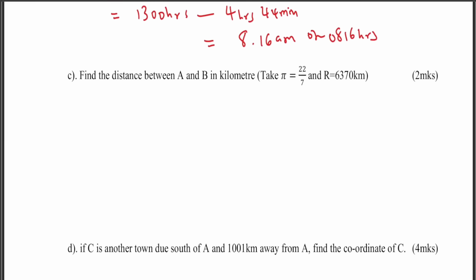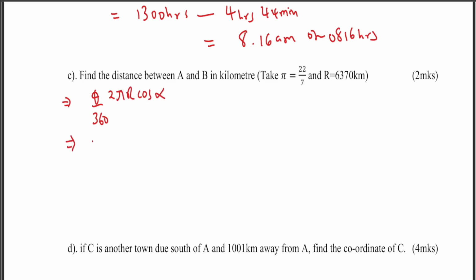Now question C is asking you to find the distance between A and B in kilometers. Since this is a small circle, you use this formula: theta over 360 times 2 pi r cos alpha, where theta is the difference in longitude and alpha is the latitude.